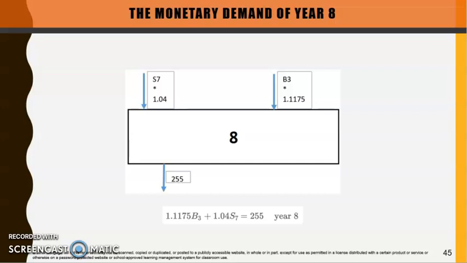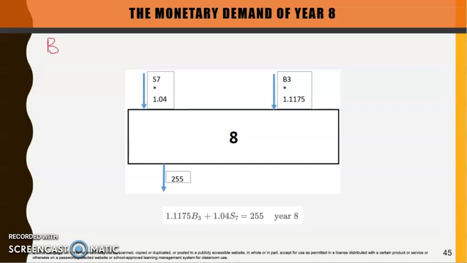Now you have decision variables, the objective function, as well as the constraints. And remember, non-negativity constraints are always there.